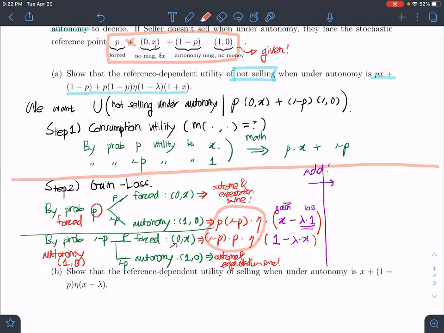If you see this part, p times 1 minus p times eta is common to both the line above and line below. So I can just factor out with this term, right? So keep that in mind. 1 minus p times eta. And then I just need to add x minus lambda plus 1 minus lambda x.